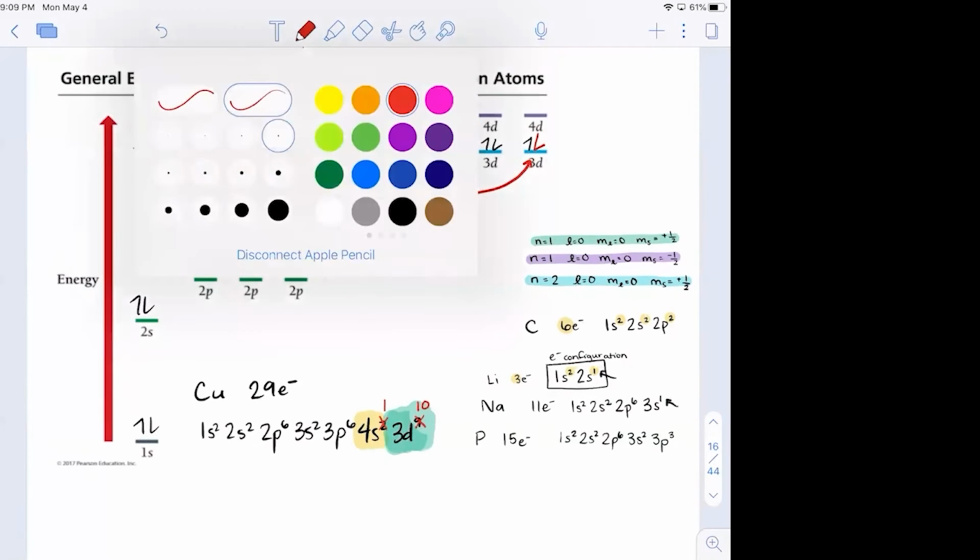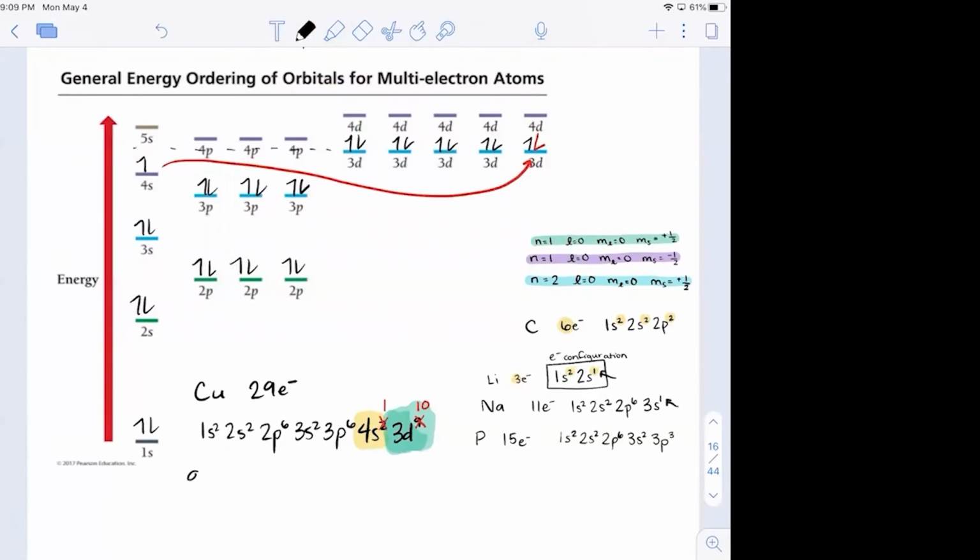So the actual electron configuration is 1s2, 2s2, 2p6, 3s2, 3p6, 4s1, 3d10.